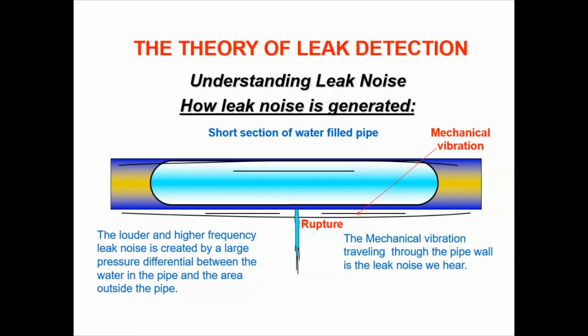When there's a break on that pipe and you have a high pressure escaping that break into atmosphere, which is zero, it's the immediate change in pressure from high pressure to zero pressure that actually generates a mechanical vibration on the pipe wall itself, and then that sound travels down the pipe in both directions. And the distance that sound travels on a stretch of pipe is going to depend on what we just talked about: the type of material, the size of the break, and things of that nature.